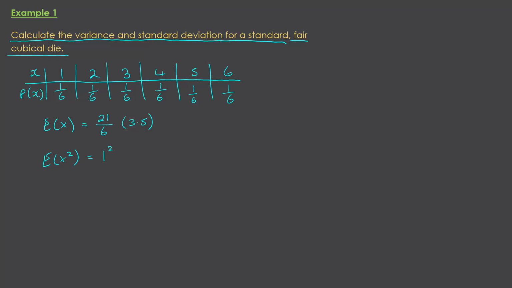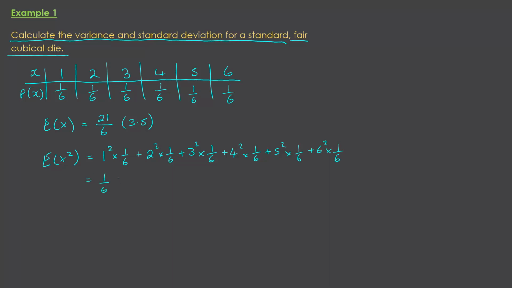Well, that's going to be 1 squared times 1/6, plus 2 squared times 1/6, plus 3 squared times 1/6, plus 4 squared times 1/6, plus 5 squared times 1/6, plus 6 squared times 1/6.